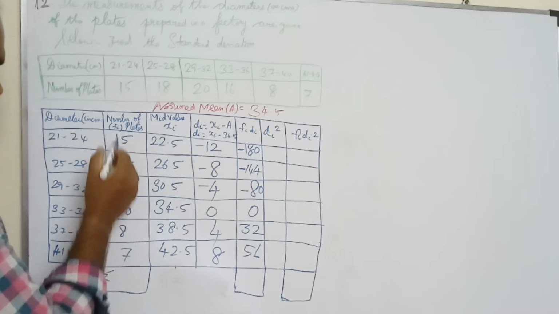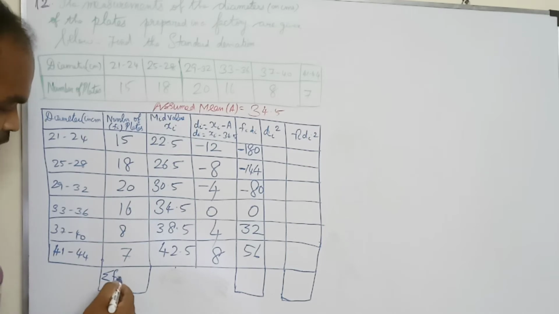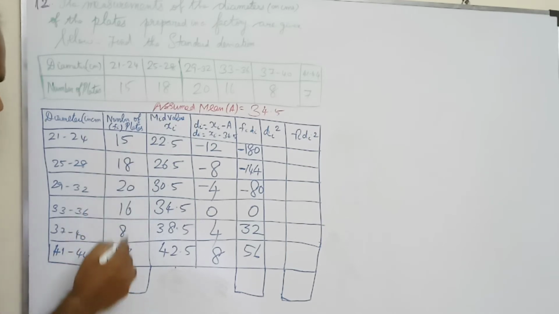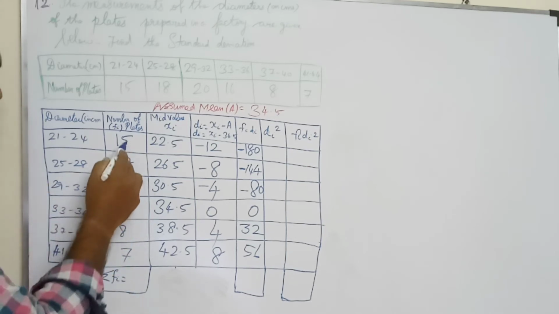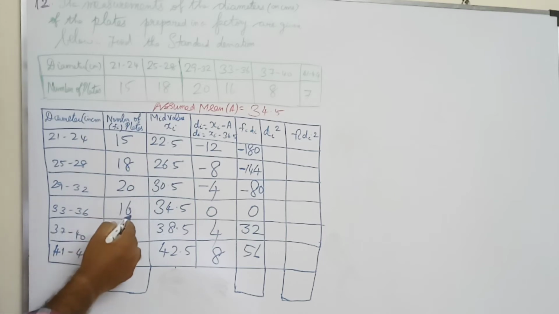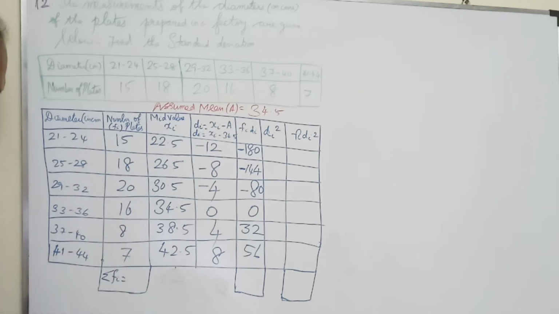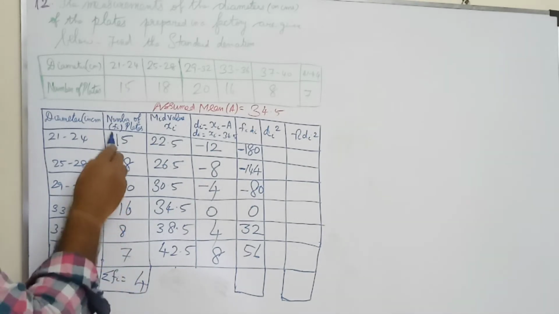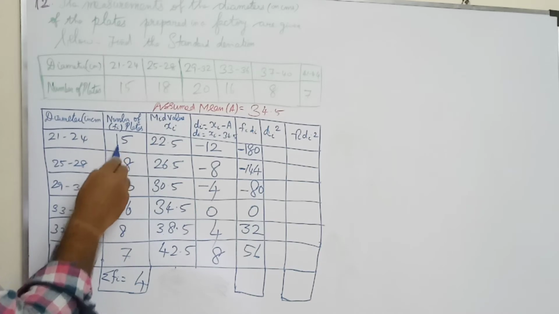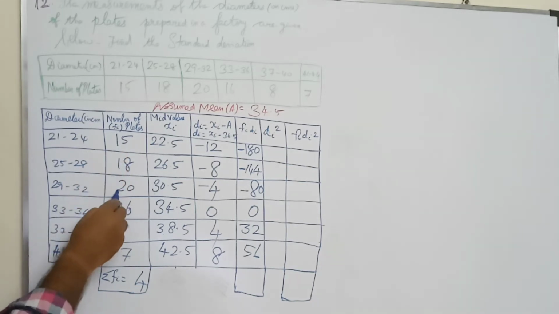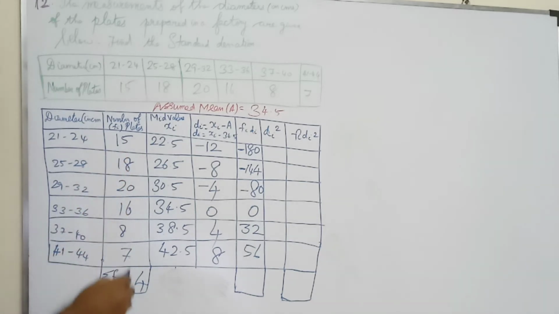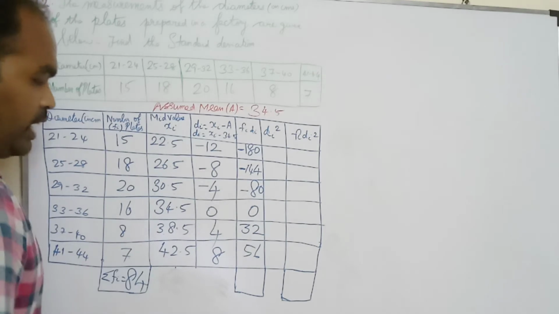Sigma, that is summation of Fi equal to how much? 15 plus 8, 8 plus 5, 13. 13 plus 6, 19. 19 plus 8, 27. 27 plus 7, 34. Balance 3. 3 plus 1, 4. 4 plus 1, 5. 5 plus 2, 7. 7 plus 1, 8. So 84.